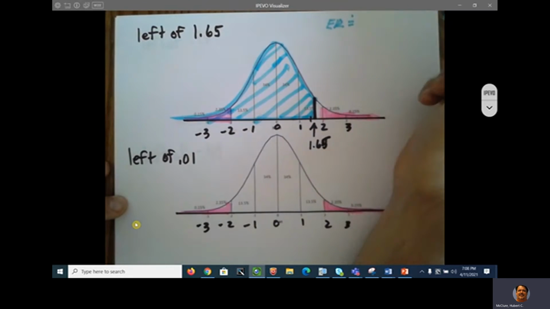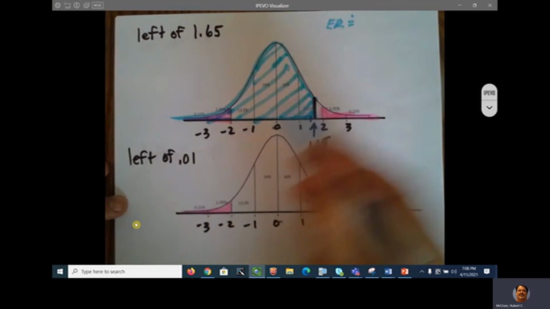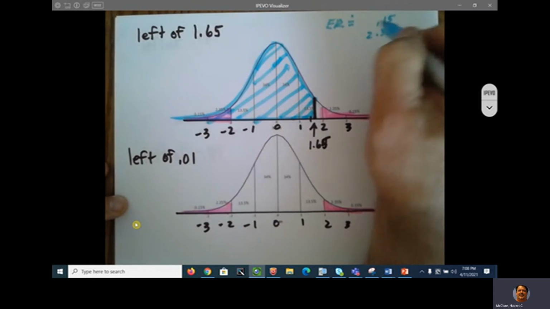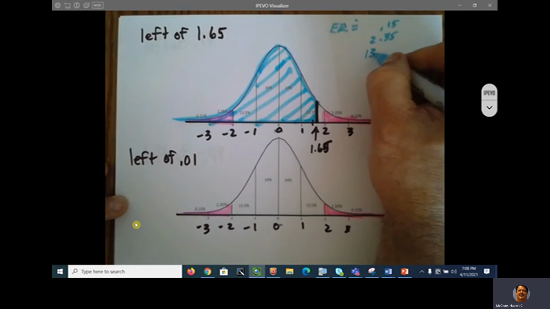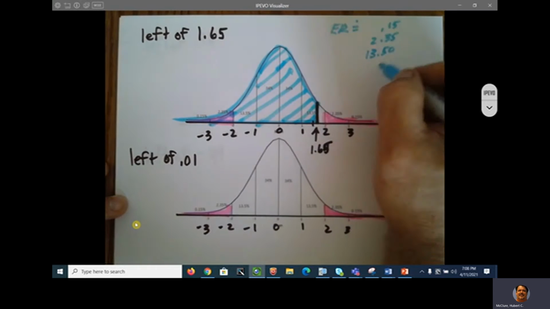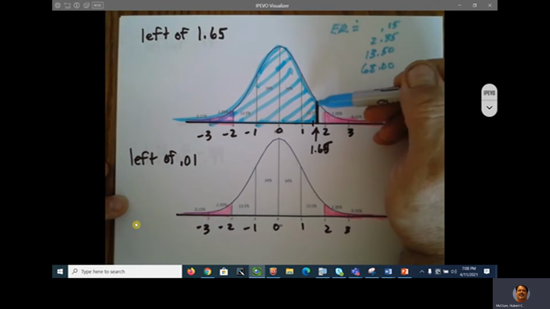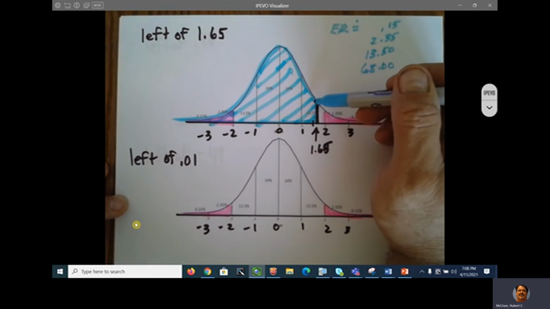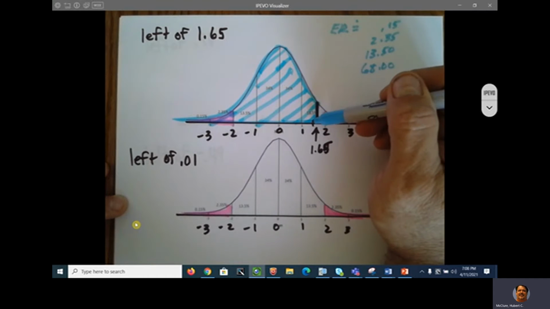By the empirical rule, 0.15 plus 2.35 plus 13.5 plus 68. And for 1.65, 1.5 would be 6.75, so I'm going to say 7.